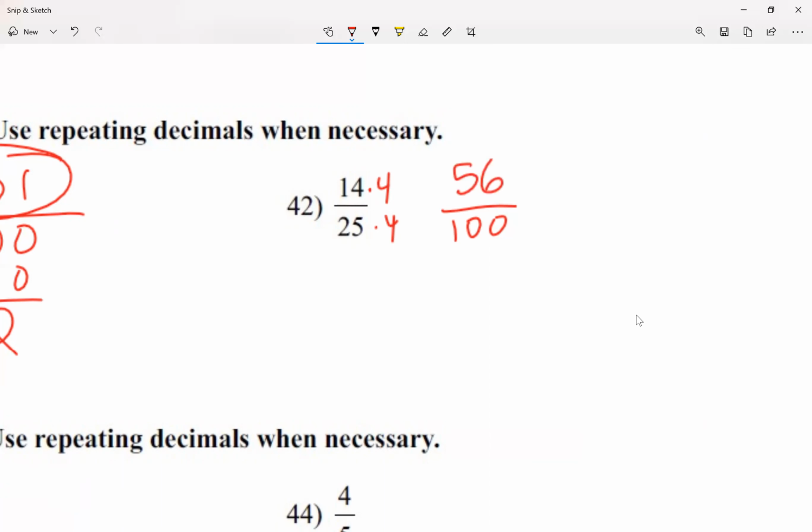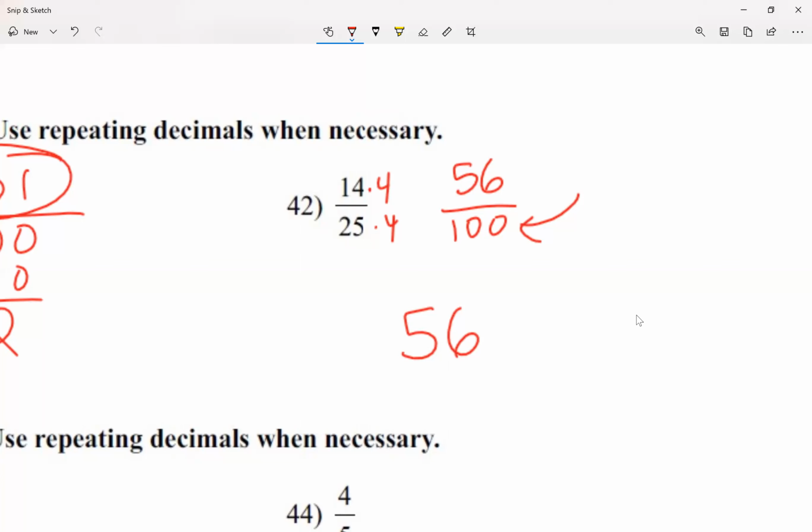Okay, I'm ready to write this as a decimal. Let me write my answer as a 56 to begin with. Now, the number at the bottom tells me how many decimal places. Because the number at the bottom has 2 zeros, my answer will have 2 decimal places. If the number at the bottom had 1 zero, 1 decimal place.